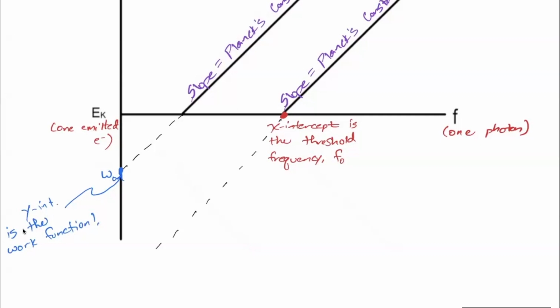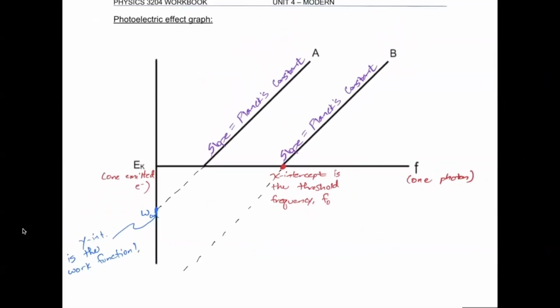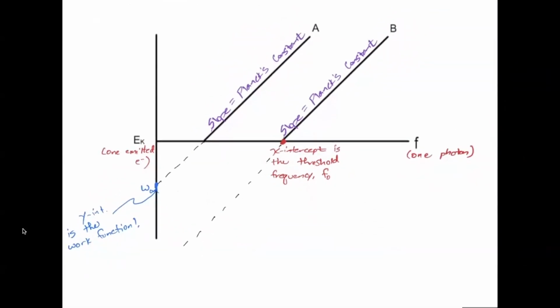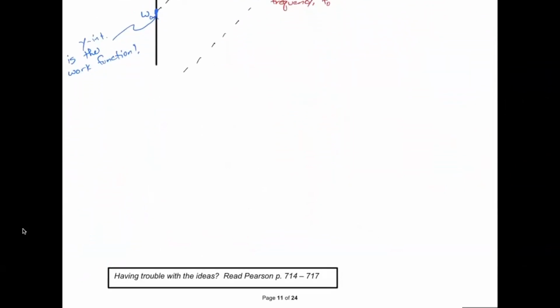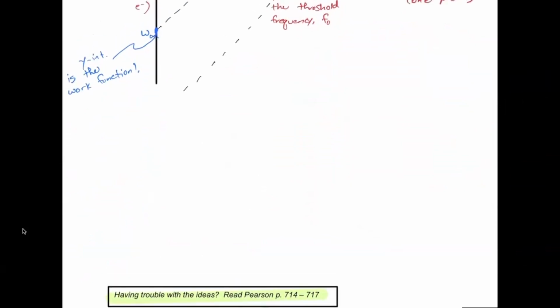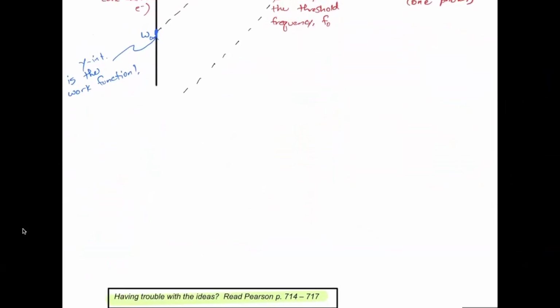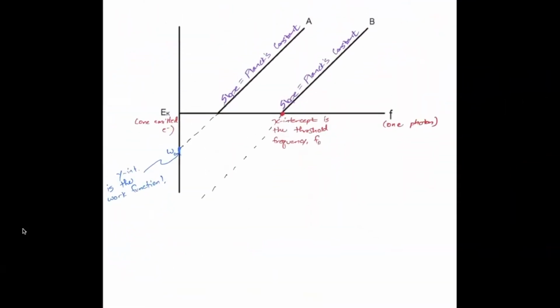Now, this is an okay resource, but there's also a photoelectric effect graph in Brightspace for you. And I have put a little note down here to read the textbook if you're being challenged by the concepts. So there's the photoelectric effect graph, but I'm also going to show it to you in Brightspace so you know exactly where to access it.